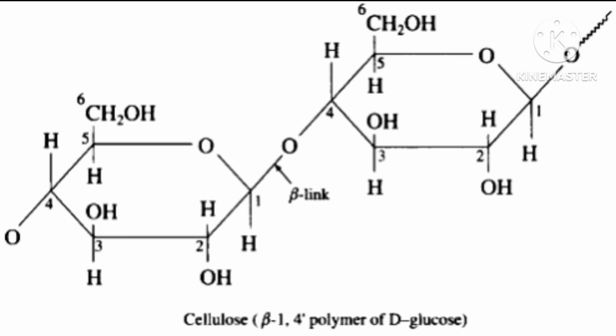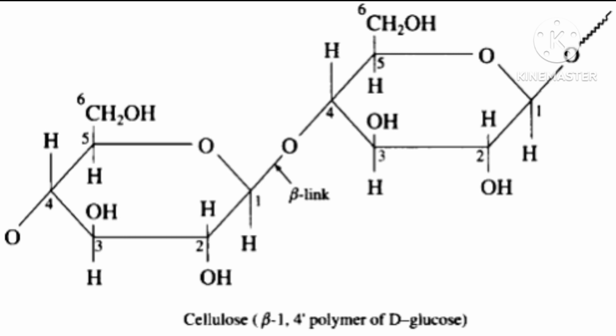Then now upside 2 and downside 3 units. Now again both are joining through linkage, that is a glycosidic linkage. But the carbon involved is carbon 1 and carbon 6. Then carbon 6 CH2OH was there, you remember. And carbon number 1 OH was there.